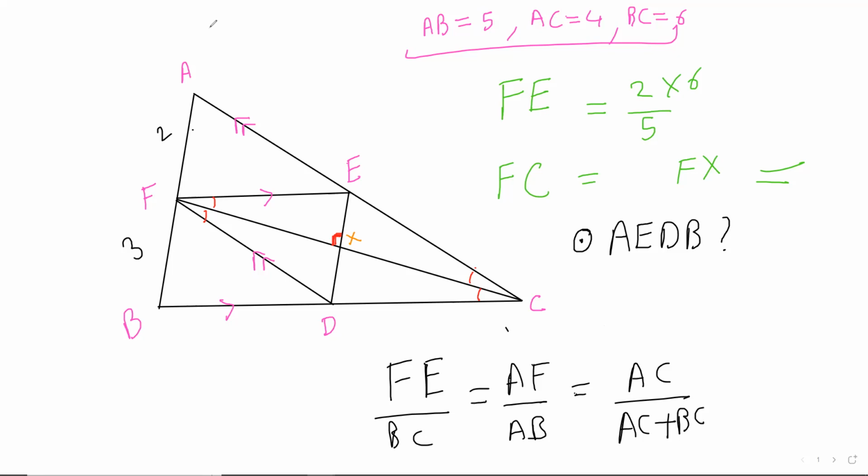Right? So like this, you can see it in many ways. This angle is equal to this angle by parallel. And this angle equal to this angle. We don't need this, and that's why it's not a useful observation.